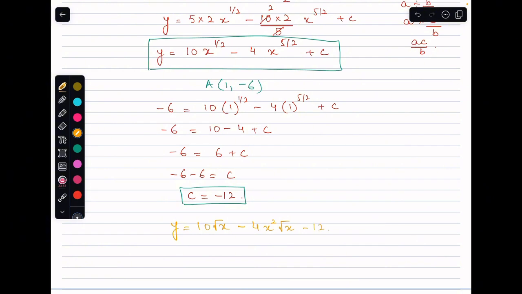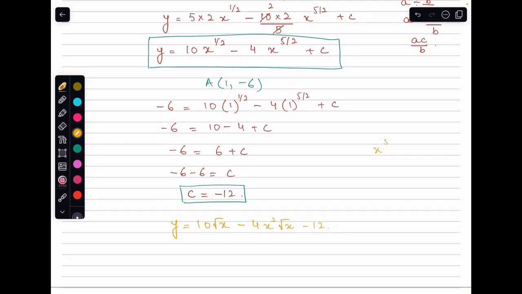So why have I taken x squared into square root of x? I have here x to the power 5 by 2. With this 5 by 2, if I say that this is 1 by 2, then I should add a 2, so that I shall be getting here a 5 by 2, because 1 by 2 plus 2 gives me 5 by 2.